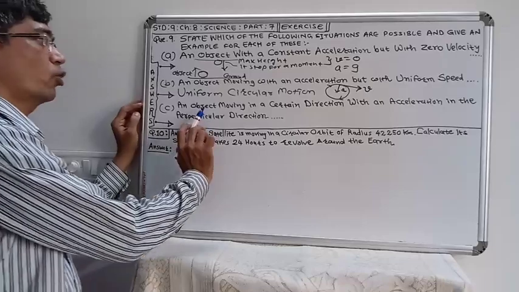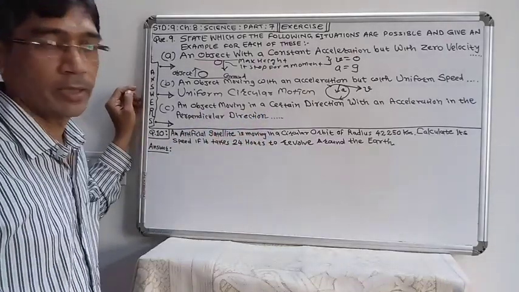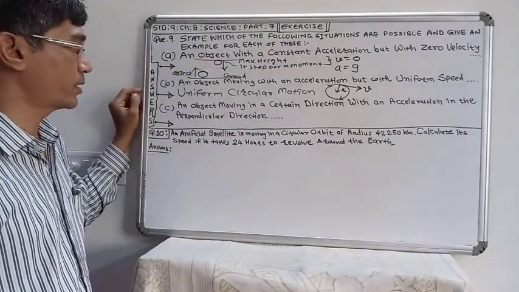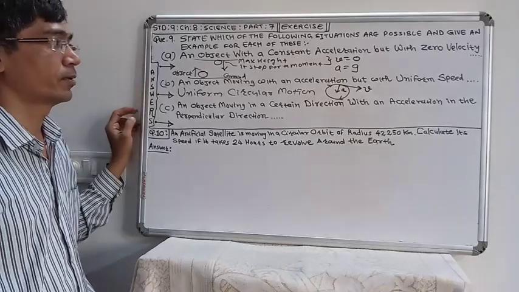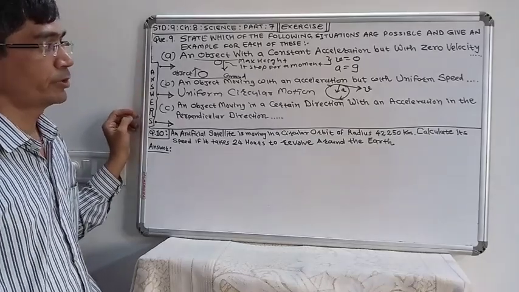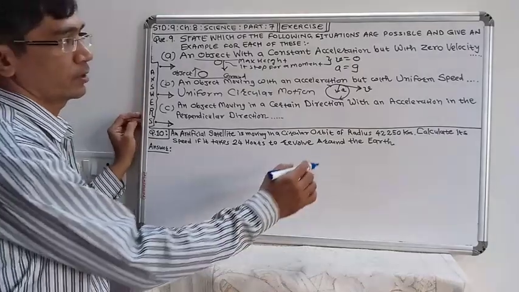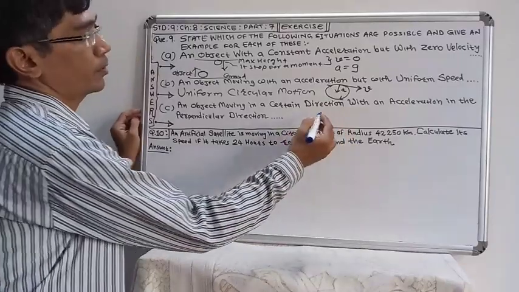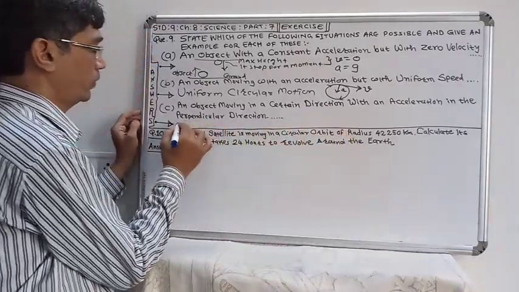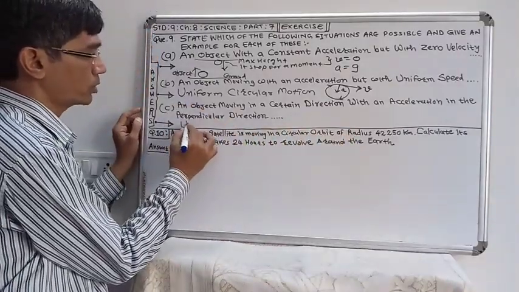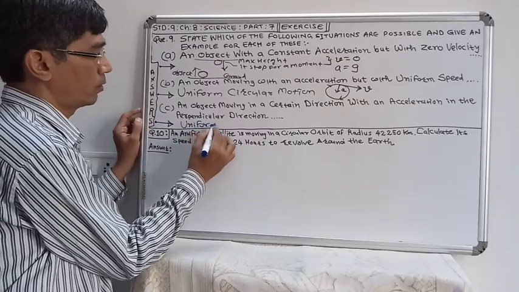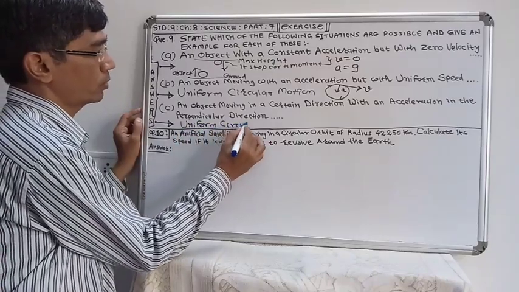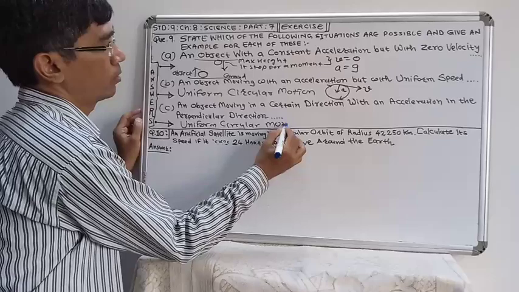C, an object moving in a certain direction with an acceleration in the perpendicular direction. Here also we get the same answer, uniform circular motion.